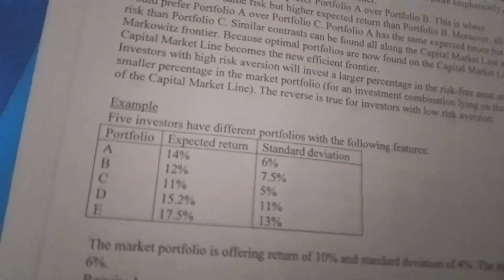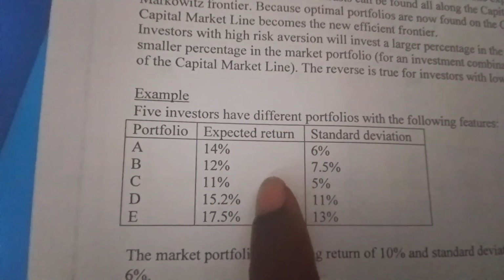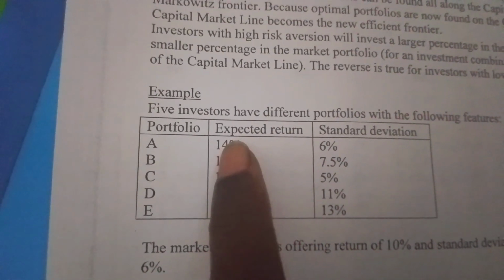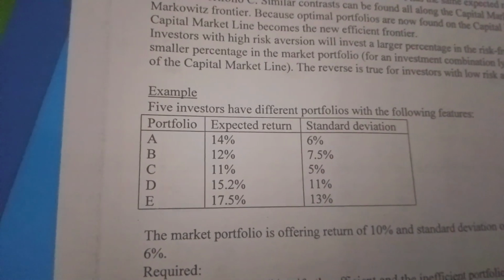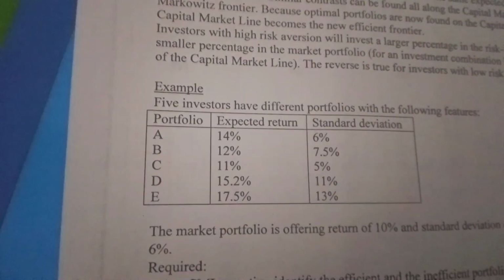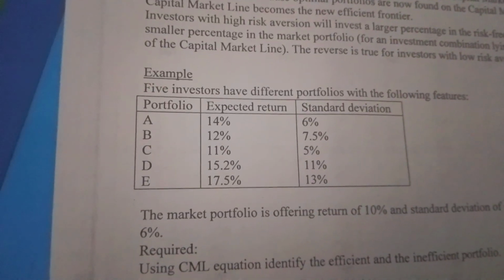So basically, to establish whether a security is overvalued or undervalued, you are just comparing these expected returns: 14% compared with what you have calculated, 12% for B, 11% for C, 15.2% for D, and 17.5% for E. You'll be comparing with these numbers which you have calculated.